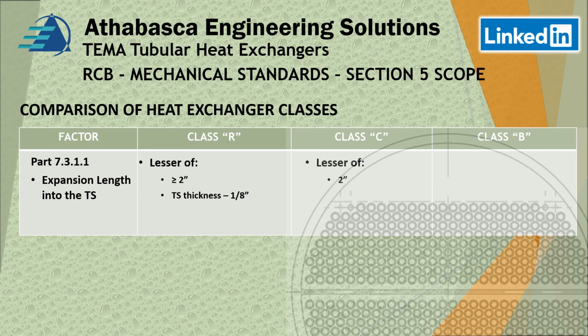And for Class C, we have either 2 inches or 2 times the tube OD. And the rules for Class B are the same as Class R.